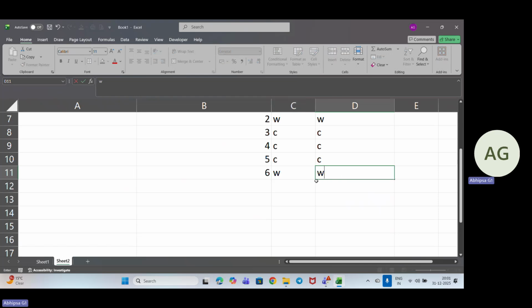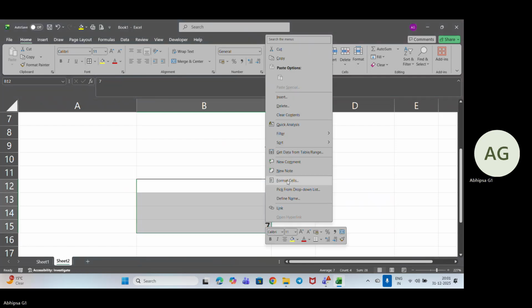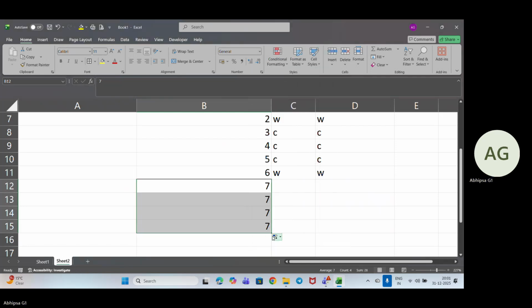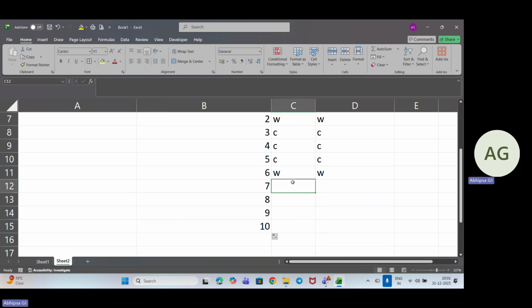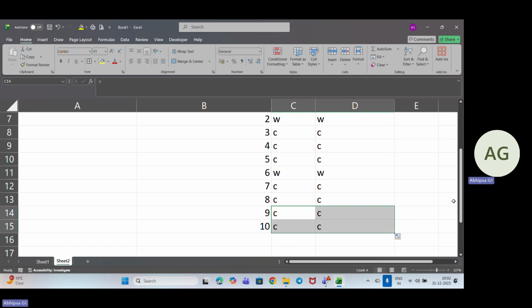Now we'll take seven, eight, nine, ten, and we'll take them all as correct. We will just stretch it like that.